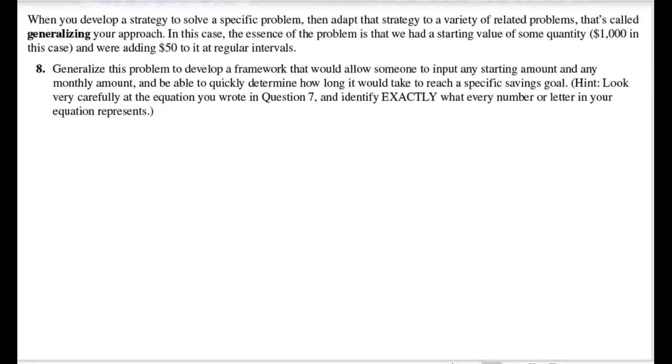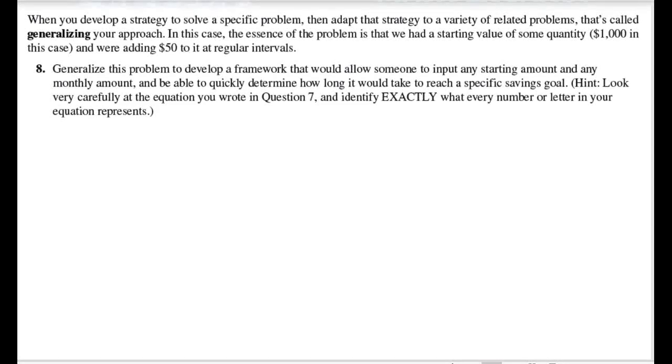Look very carefully at the equation you wrote in question 7 and identify exactly what every number or letter in your equation represents. Okay? This is a more challenging problem. So you had the $1,000 to start with, and $50 every month.